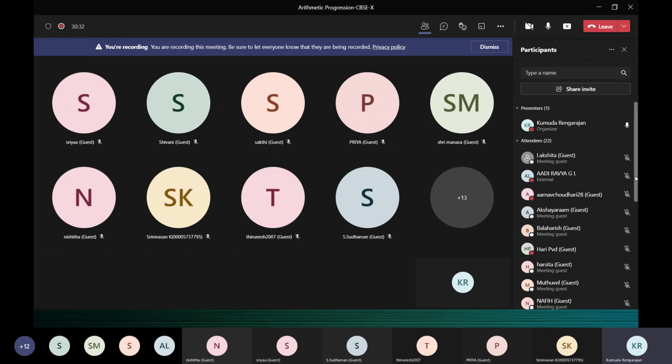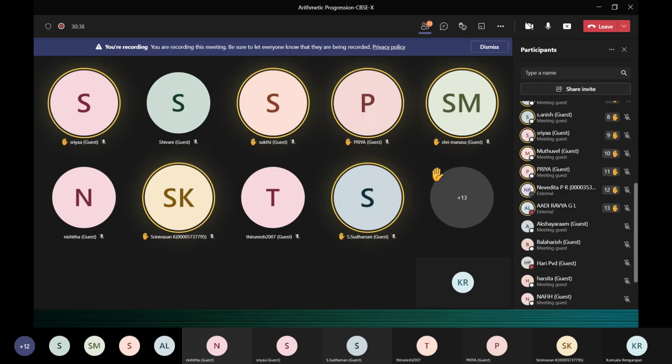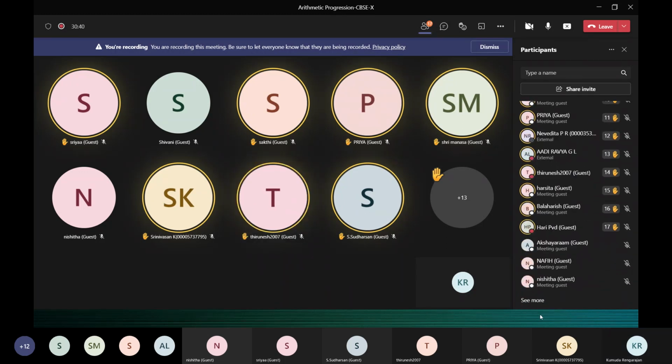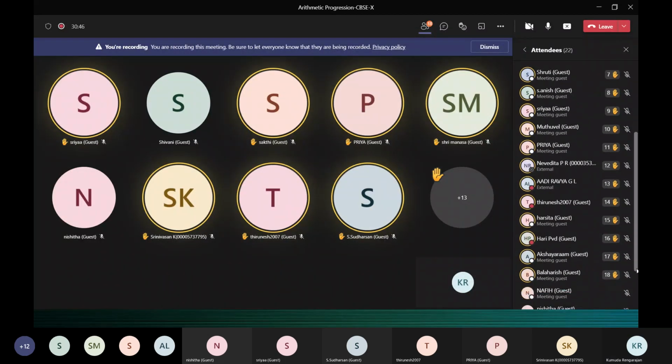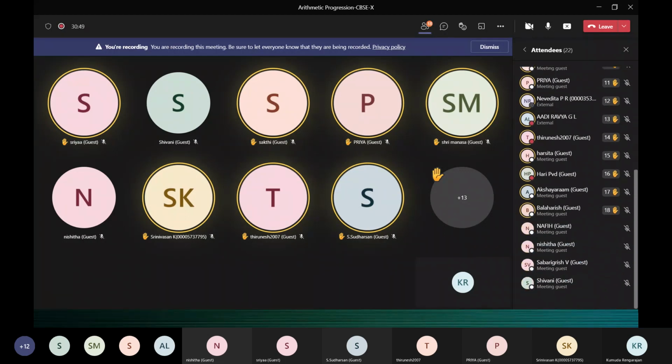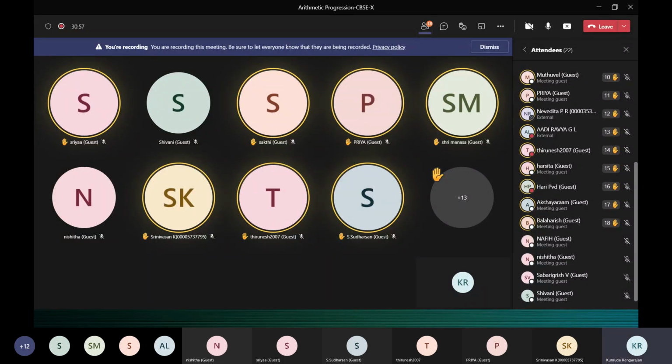Class, use the emoji, raise your hand. Shivani, Tabarikrish, Nishita, are you all there?